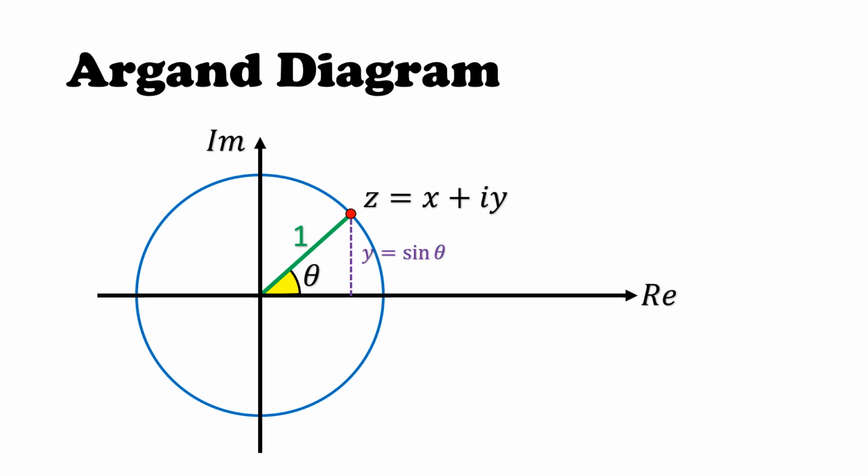By dropping a vertical line from z, we can construct a triangle. And using basic trigo ratios, we know that the height is equal to sine theta, and the base will be cosine theta. Hence, any point on the unit circle can be represented in the form of cosine theta plus i sine theta.